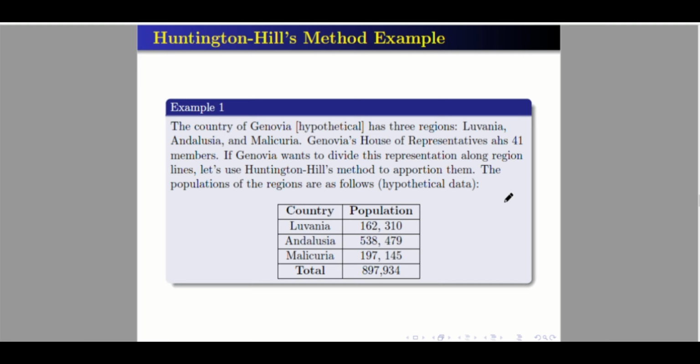So now let's go to an example to understand this further. Again, we'll have the same example as with Hamilton's and Jefferson's methods so that we can understand the differences between the three. So this is example number 1.